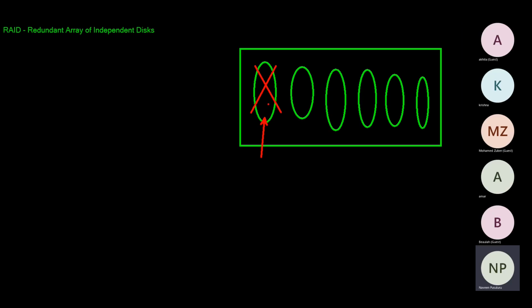Whatever data we have on this hard drive, we are going to lose. This is how it normally works. But we have a mechanism called RAID. Because of the RAID mechanism, there will be no data loss.